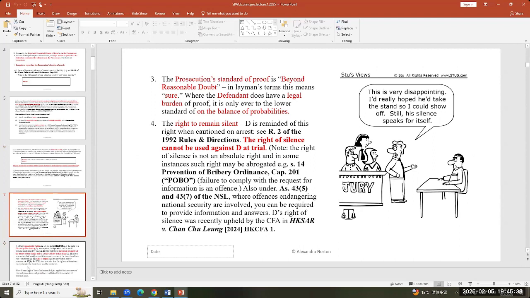So we'll also spend some time talking about the right of silence, because there's a recent case from the Court of Final Appeal, which you may be familiar with, the Chan Chu Leung case, which clarifies a lot of the uncertainties that existed about the scope of a defendant's right of silence in court and outside of court, and attempted to clarify it because it was felt that the approach was not always applied consistently in the courts.